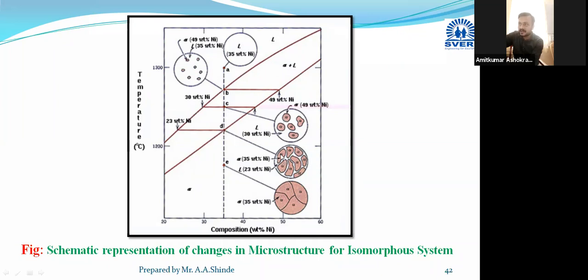Then at point C, the amount of solid is indicated here, liquid and solid. Then at point D, a small amount of liquid is there and more amount of solid.